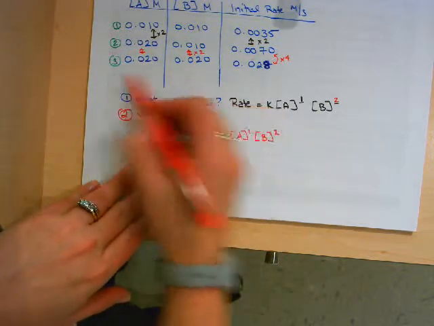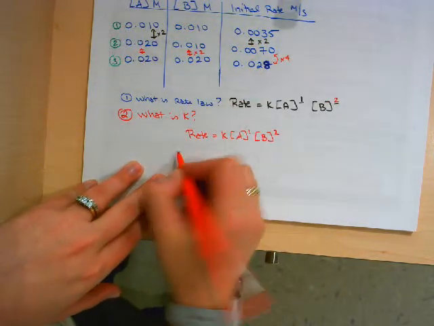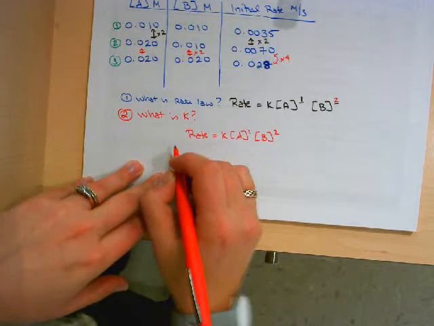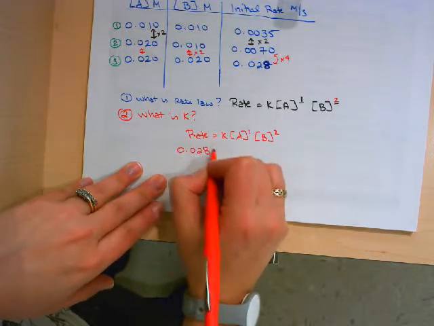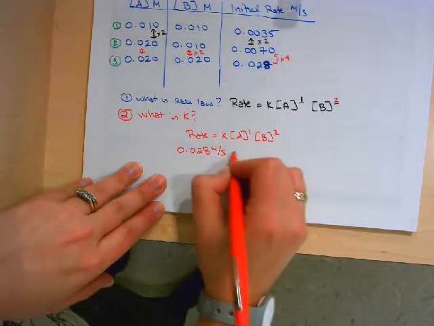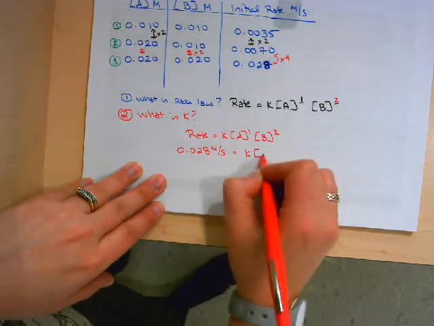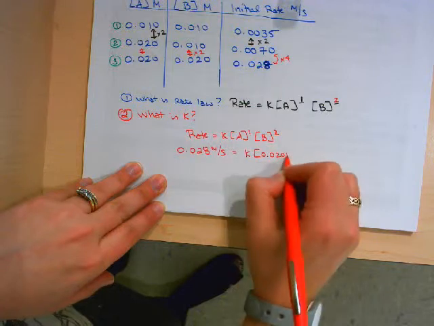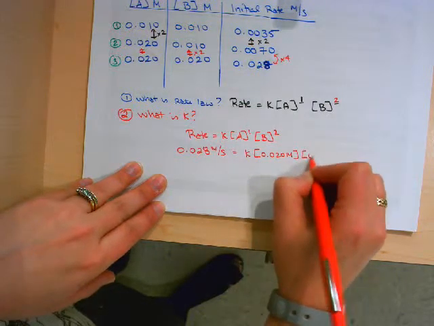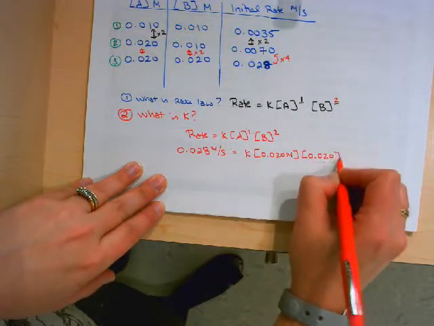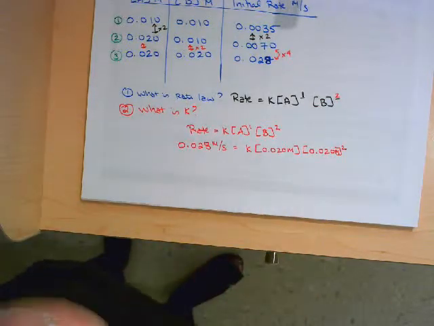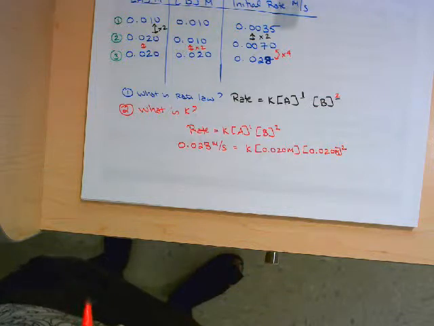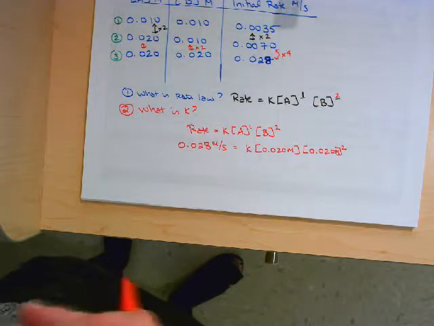Alright, so we're going to look at experiment 3. So the rate, is this red really obnoxious to look at? It's okay? Okay. Anyone would do.